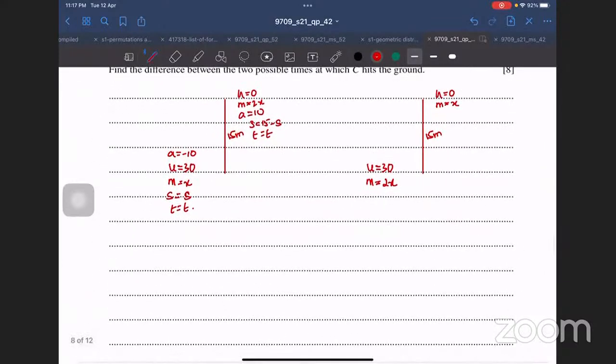I'm going to start solving it, and I'm going to say that s equals ut plus half at squared, equals 15 minus s, ut plus half at squared.